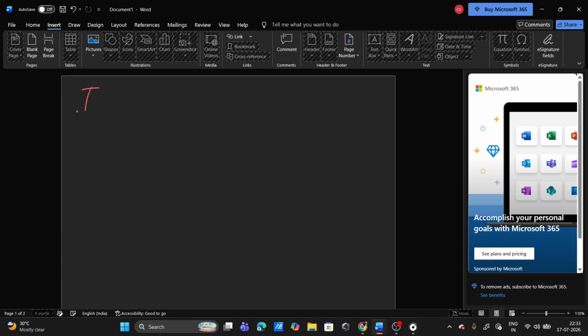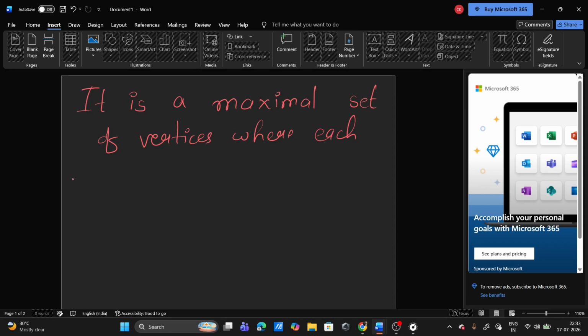So it is a maximal set of vertices where each vertex is reachable.